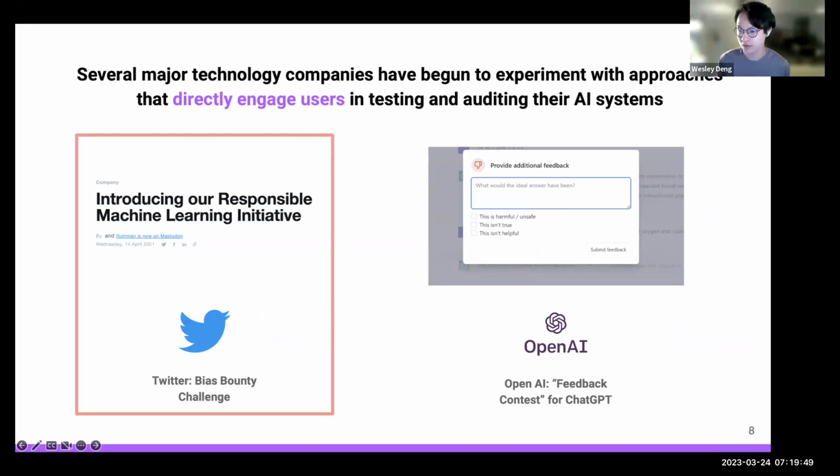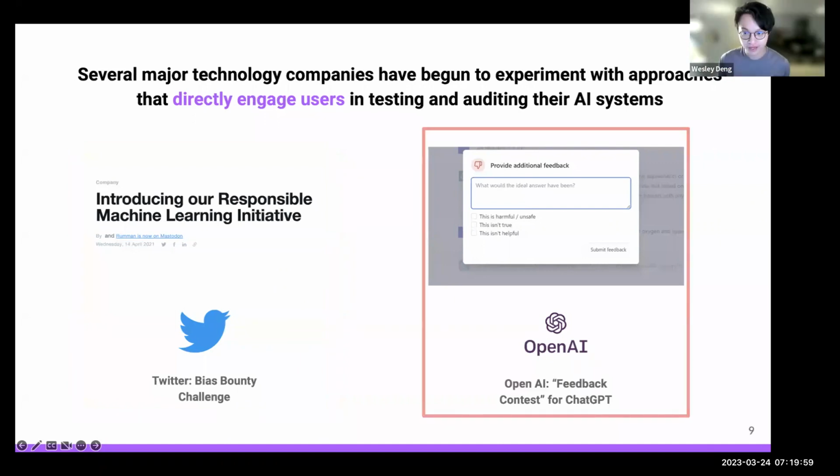For example, in 2021, Twitter introduced its first algorithmic bias bounty challenge to engage users in identifying harmful biases in its image cropping algorithm. More recently, inspired by Twitter's algorithmic bias bounty, OpenAI initiated a feedback contest to encourage users to provide feedback on problematic model outputs during their interactions with ChatGPT.